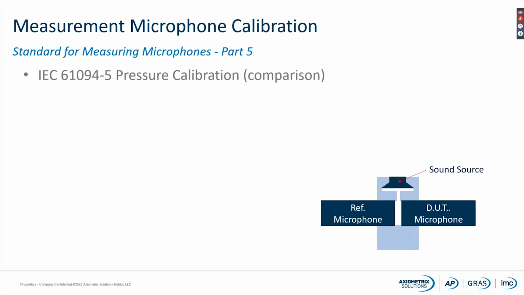Part 5 is the part describing the pressure calibration or the sensitivity calibration of a working standard microphone by comparison method.